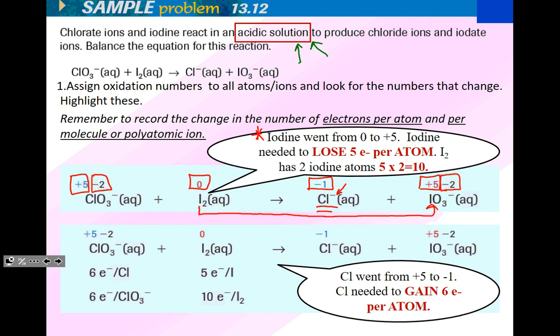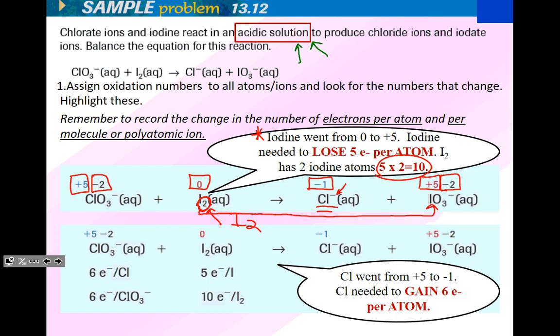Okay, so it lost 5 electrons per atom. There are 2 iodines, so I have to multiply that 5 times 2, and that's where this comes from. Because it's per atom, it lost 5 electrons, but in the chemical formula, it's I2. There's 2. 5 electrons per iodine.